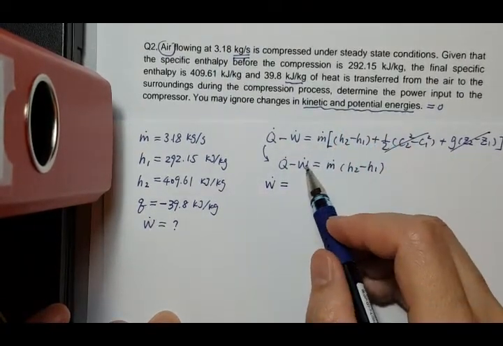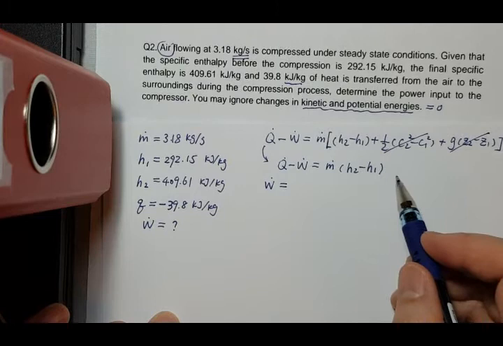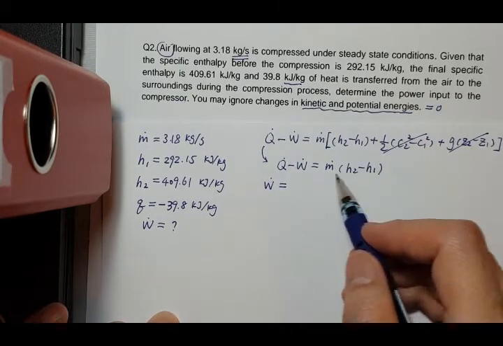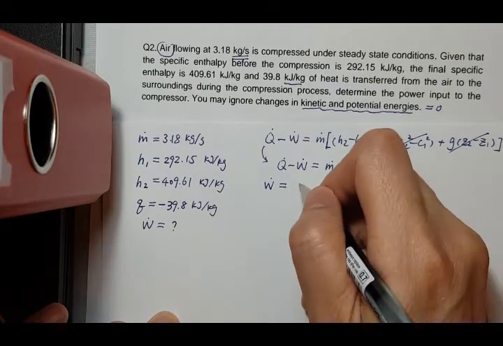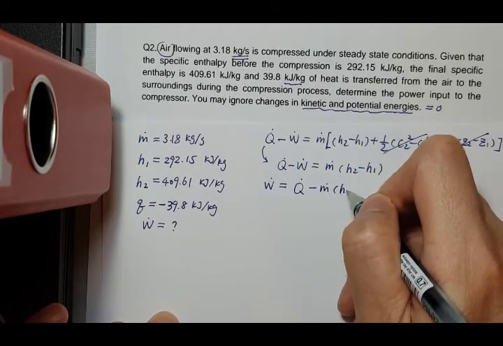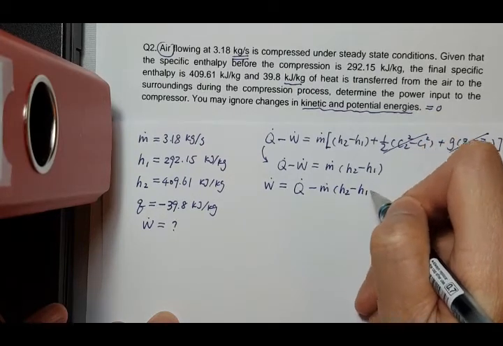So W dot, you can move to the right hand side, then you change the negative sign to positive sign, and you move this bit to the left. So that's W dot equals Q dot subtract M dot (H2 subtract H1).